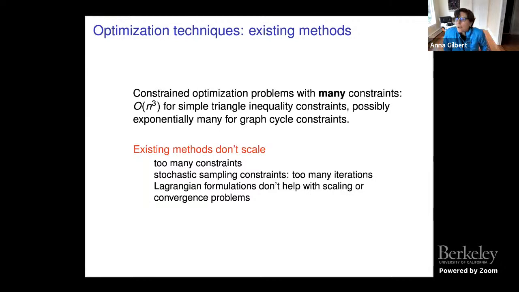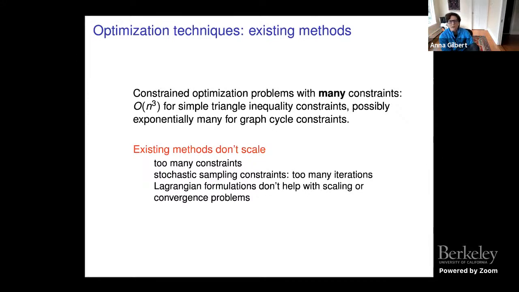A lot of existing methods for constrained optimization problems struggle with lots of constraints. For example, order n cubed constraints for just simple triangle inequalities. Possibly exponentially many constraints if you're looking at ensuring that no cycle has a heavy edge.